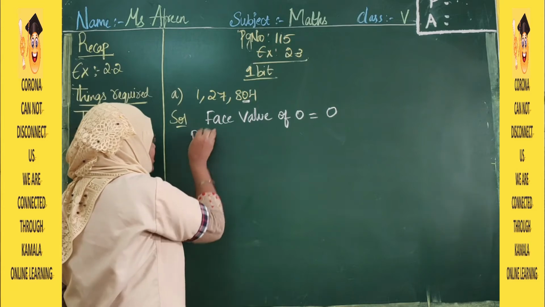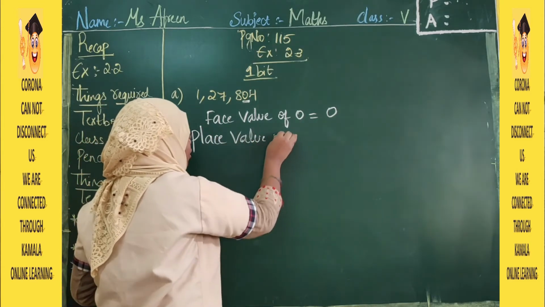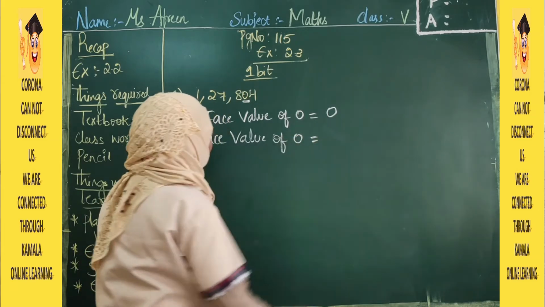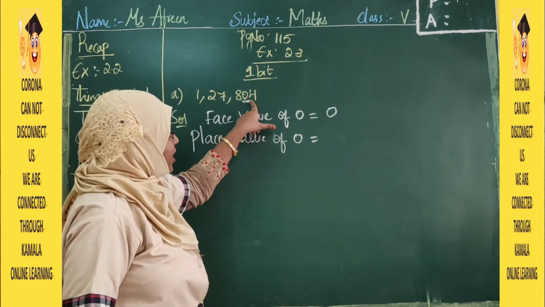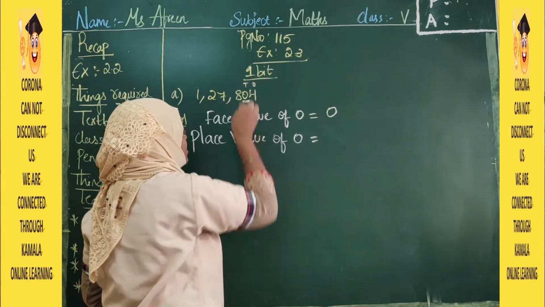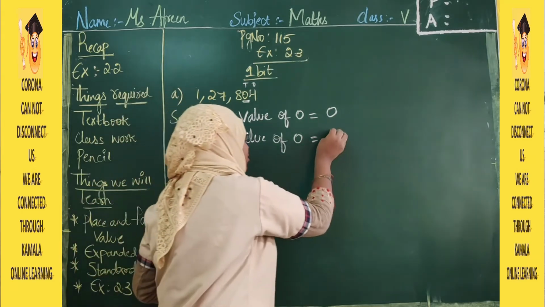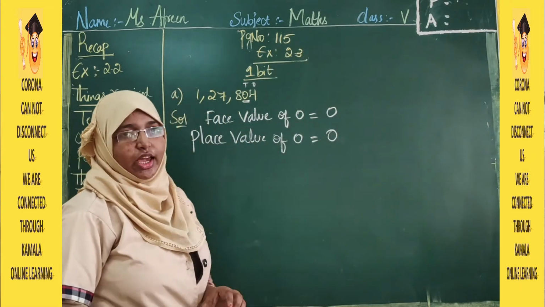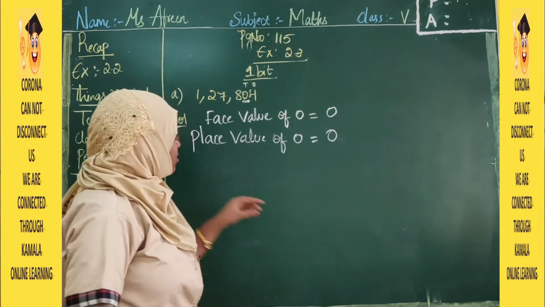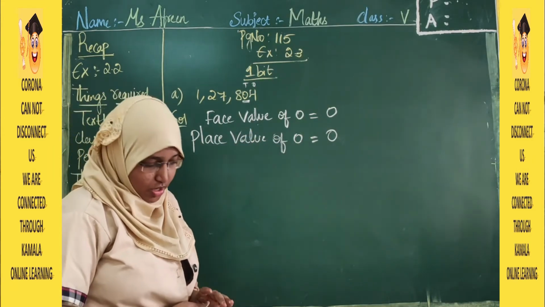Next, place value of 0. What is the place value of 0 here? It is at the tens position. If you see, this is ones and this is tens, right? 0 into 10 is 0. So the place value of 0 is 0. That's it. We have to write only face value and place value.